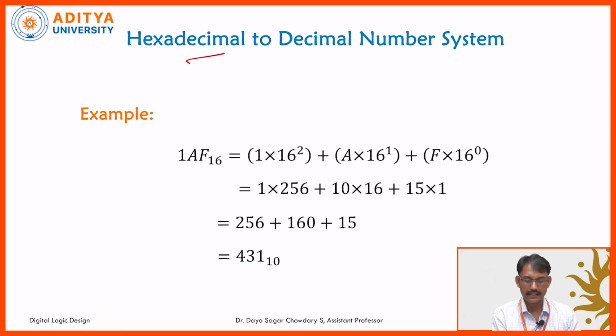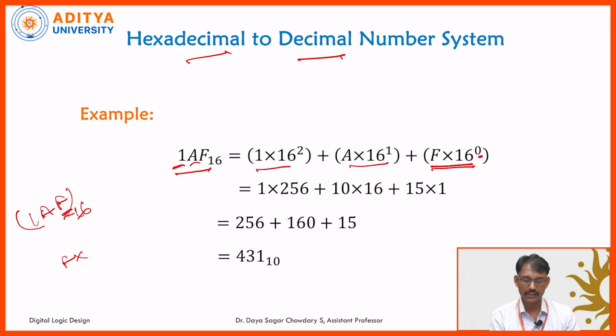Now hexadecimal to decimal, again we have to convert vice versa, reverse. So this is the number I have given, 1AF, which is in hexadecimal. Now this is the LSB. So F into 16 to the power of 0, A into 16 power 1, and 1 into 16 square.